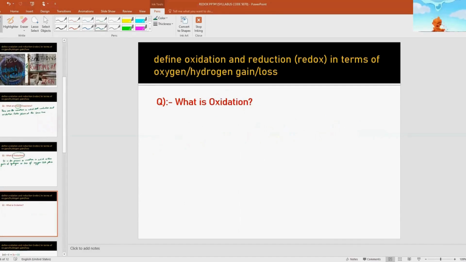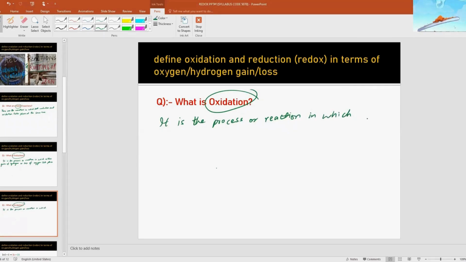Now let's talk about oxidation. It is the reverse of reduction, which means it is the process or reaction in which either loss of hydrogen or gain of oxygen takes place.